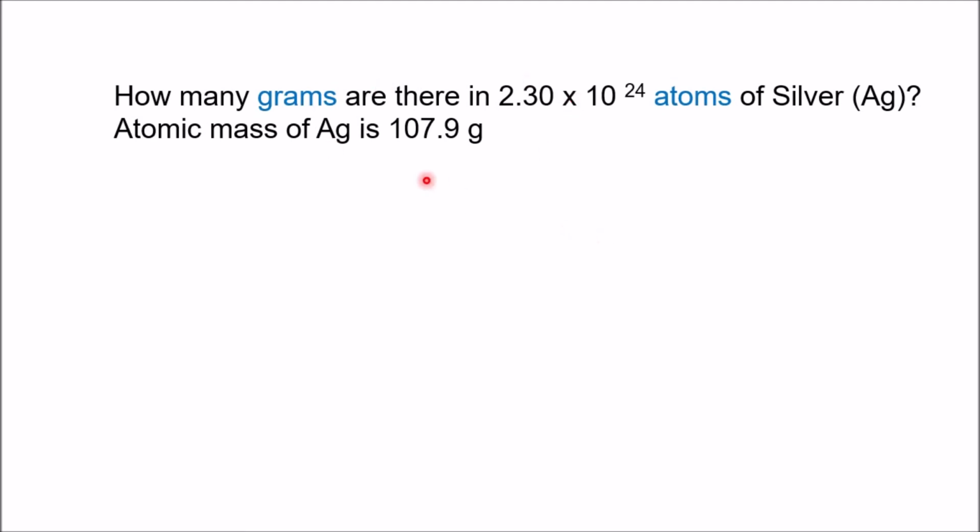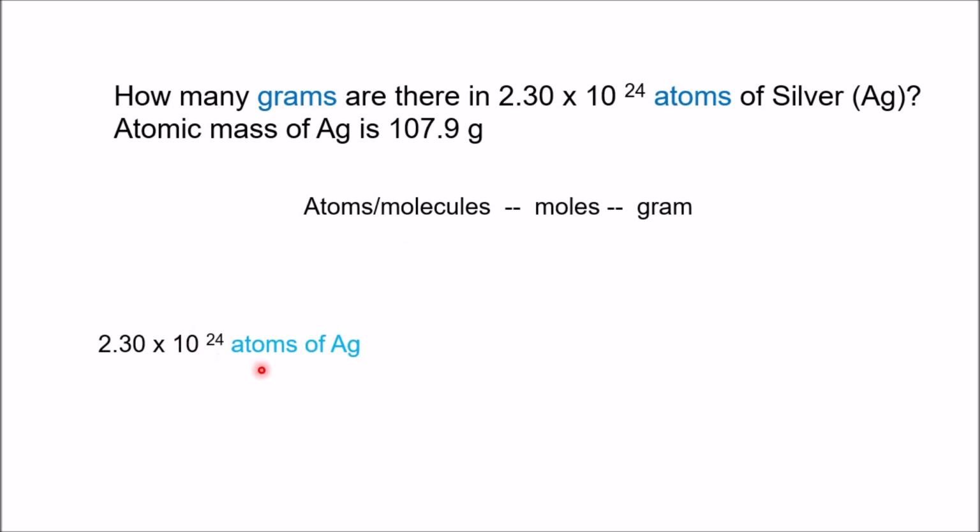Now let us solve this problem. How many grams are there in 2.30 times 10 to the power 24 atoms of silver? So grams and atoms are connected through moles. We start with 2.30 times 10 to the power 24 atoms of silver.